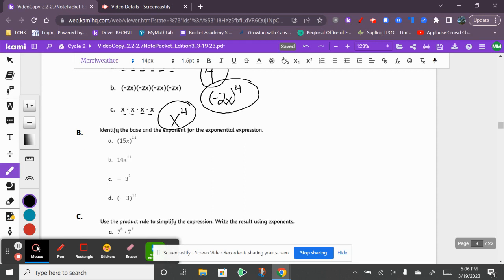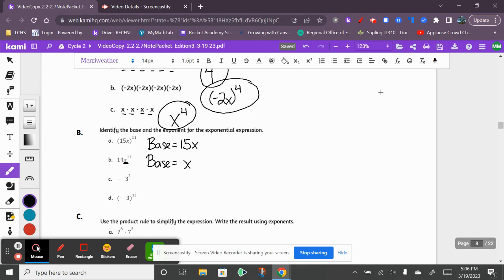Looking at part B, it says identify the base and the exponent for the exponential expression. So your base is the factor that's being multiplied over and over again. So in this one, your base is 15x. For B, your base is just x because only the 11 is being applied to the x.